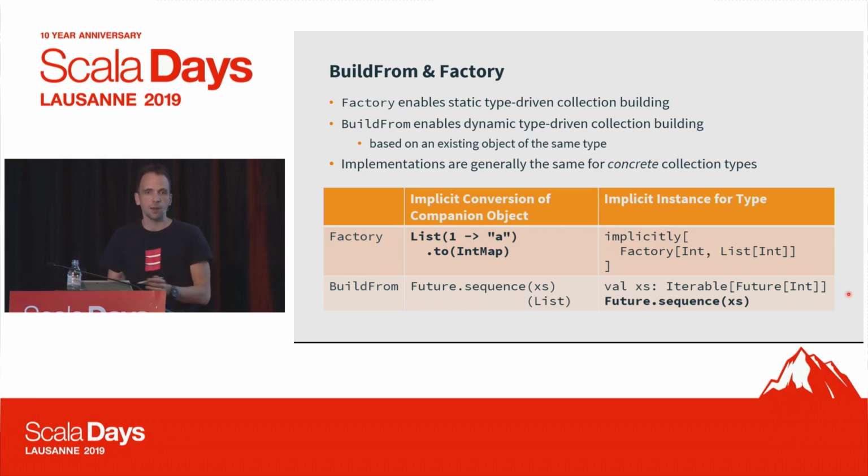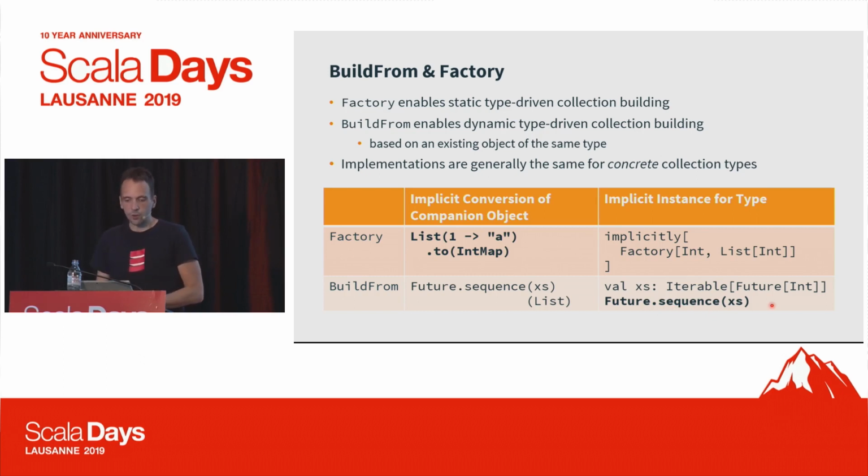It just swaps the two type constructors. And it would be nice to have the actual implementation of those iterables be the same as the one you put in, even though statically you only know that it's an Iterable. And that's what BuildFrom does. So if you put in a List of Future of Int, you will get out a Future of List of Int, not statically, but at runtime.